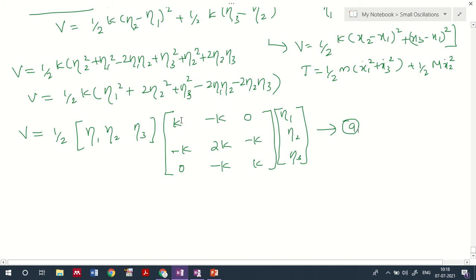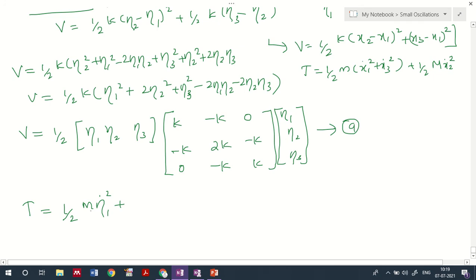If you just multiply this equation, finally again you will get the equation corresponding to the potential represented over here. Similarly, you can represent the kinetic energy T like this, that is half m eta 1 dot square.